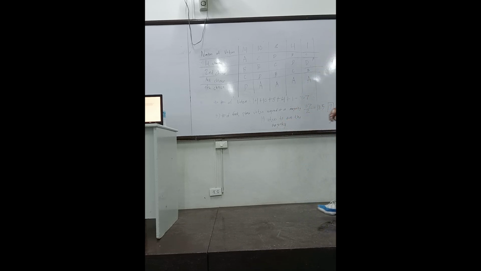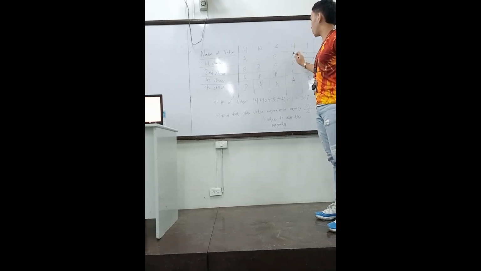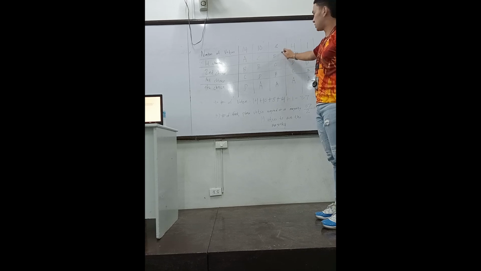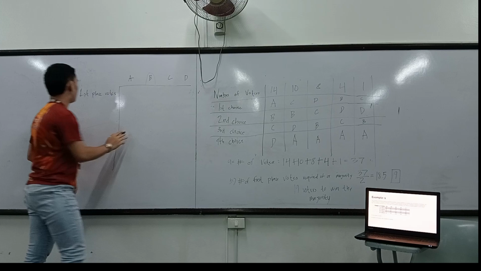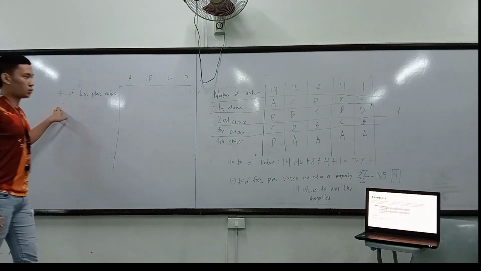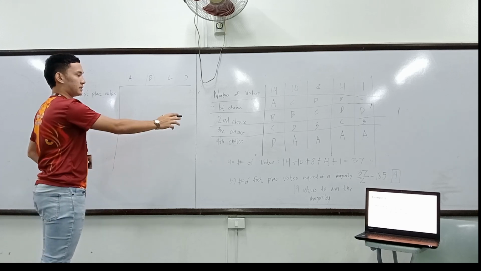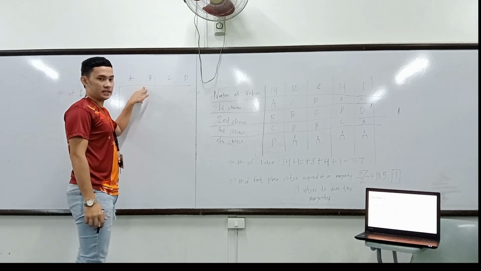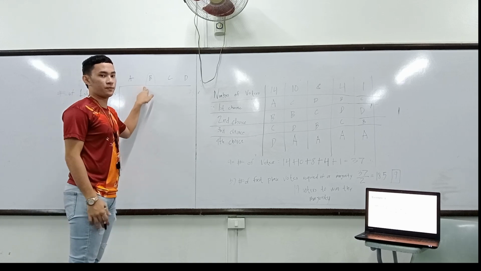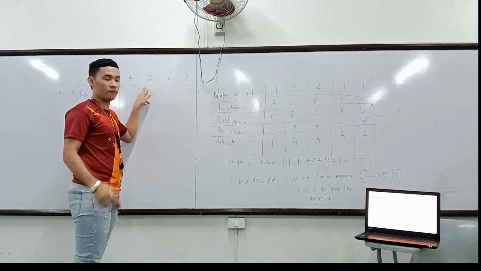So the next step we're going to do is eliminate the candidate who gets the lowest votes in this table. These are the steps on how to get the lowest votes in this election, which is what we call the plurality elimination method of voting.